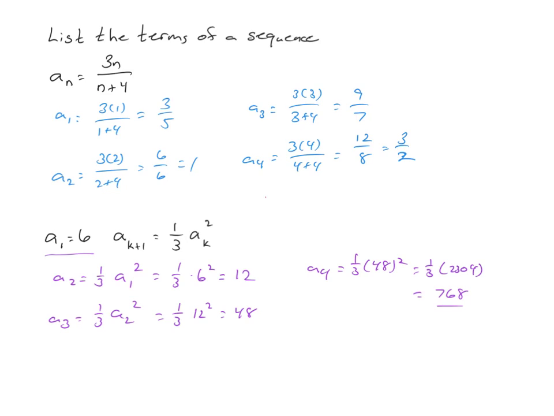Well, a sub 10 is just going to be 3 times 10 over 10 plus 4. So I get 30 over 14, which I can reduce to 15 over 7. So it gives you a much easier way to generate a specific term because I don't need to know all the terms before it.